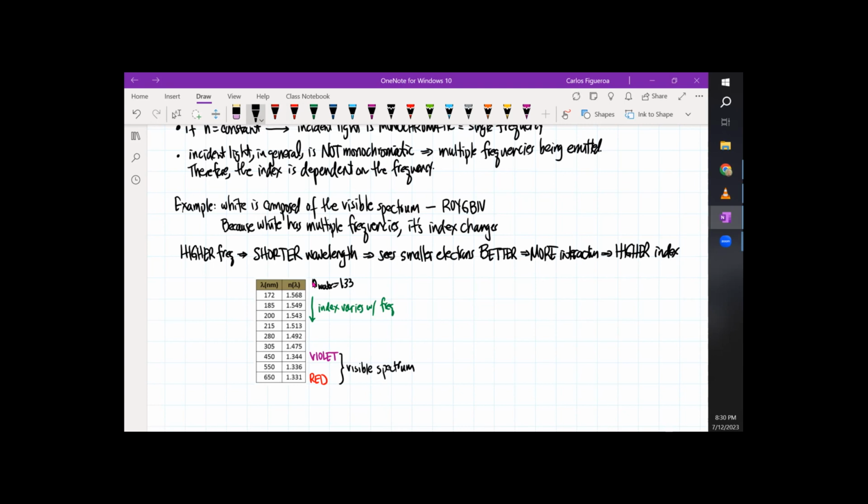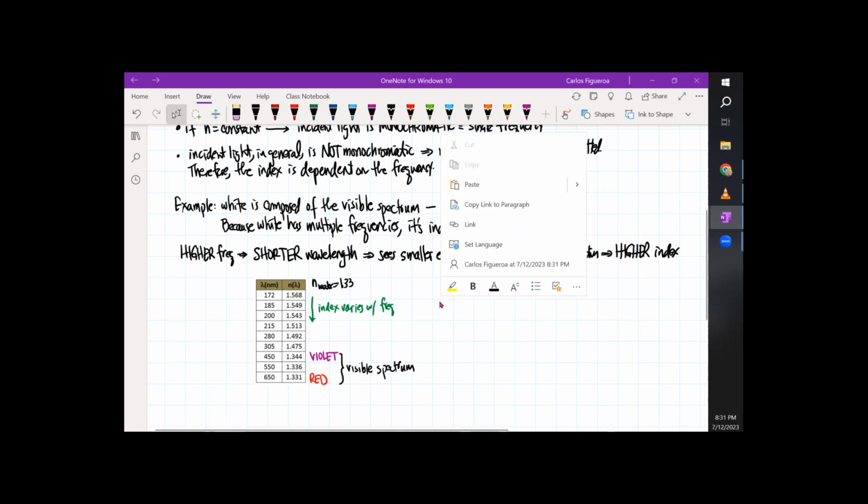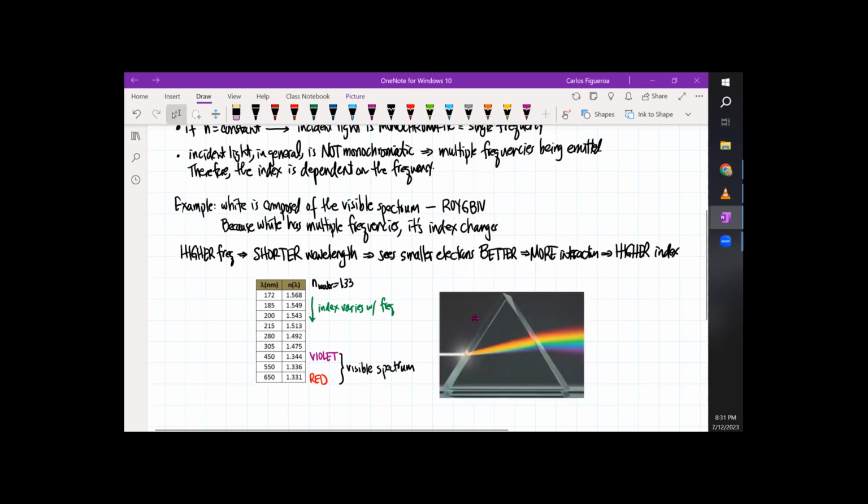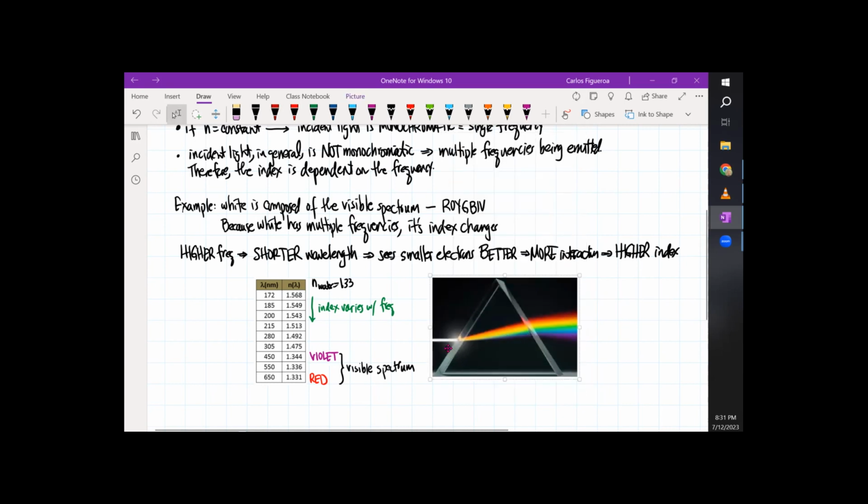So when you look at a prism, for example, let me go copy the prism. So if I come in here and I paste this, here's a prism. You could see how it takes white light.